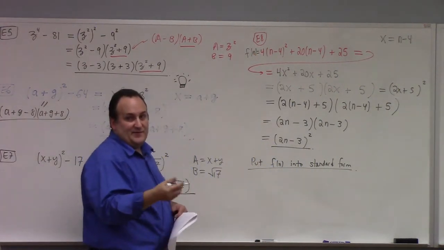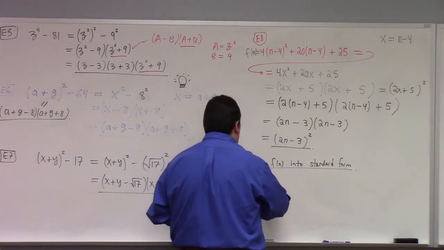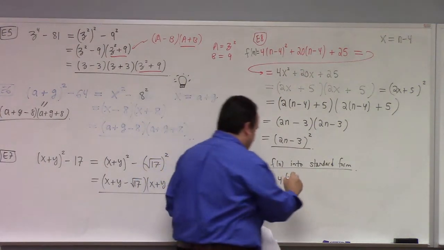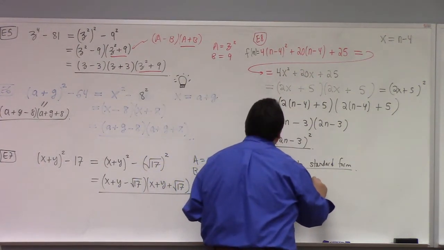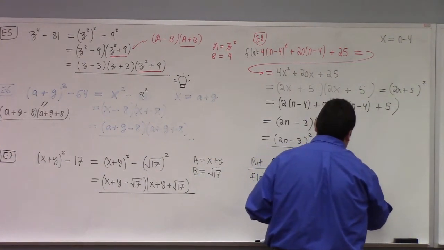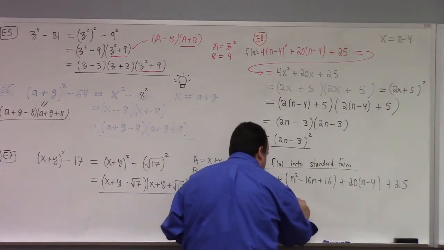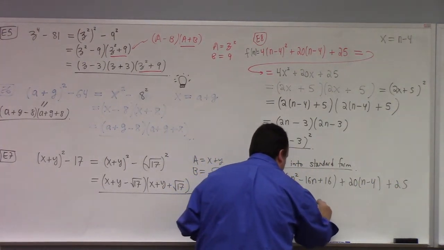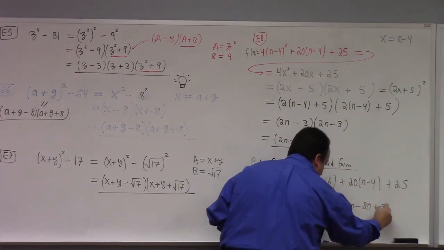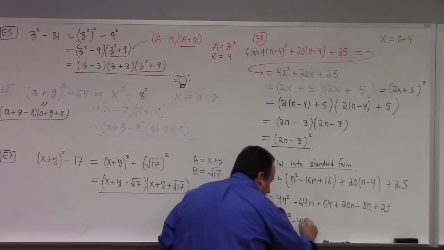If I was to ask that question, which has not been asked in your current homework, because that's a question about multiplying polynomials out, then you'd have n minus 4 squared is n squared minus 16n plus 16, and then plus 20 times n minus 4 plus 25, which would be 4n squared minus 64n minus 60 plus 64 plus 20n minus 80 plus 25, which would be 4n squared minus 44n.